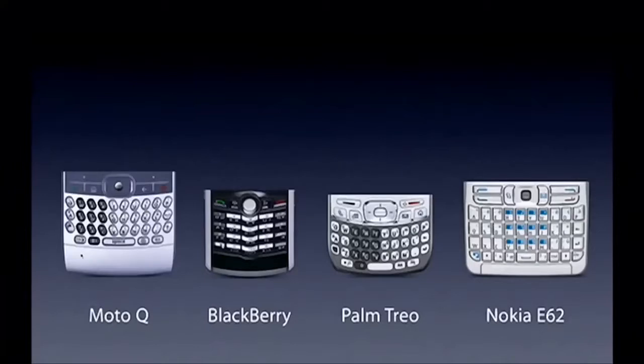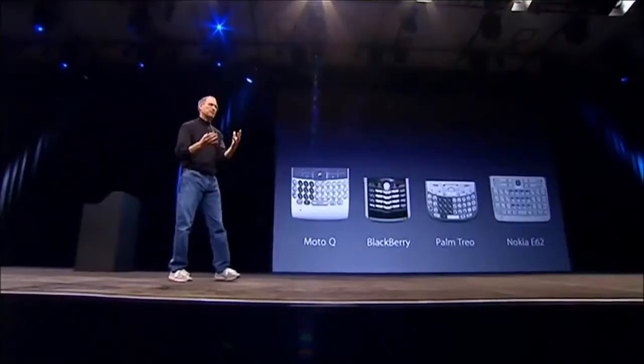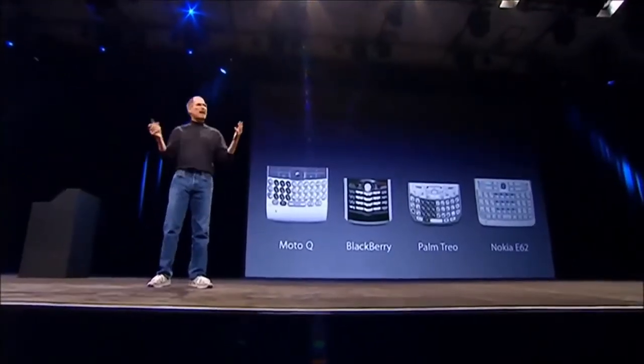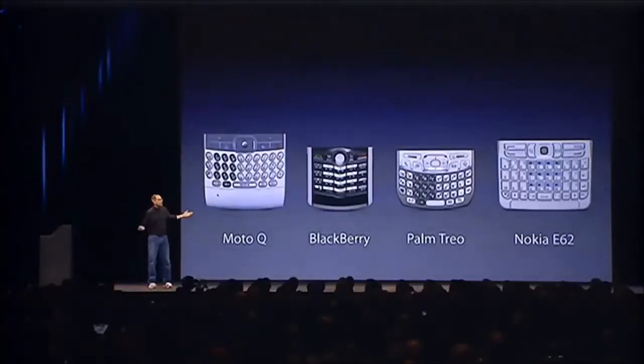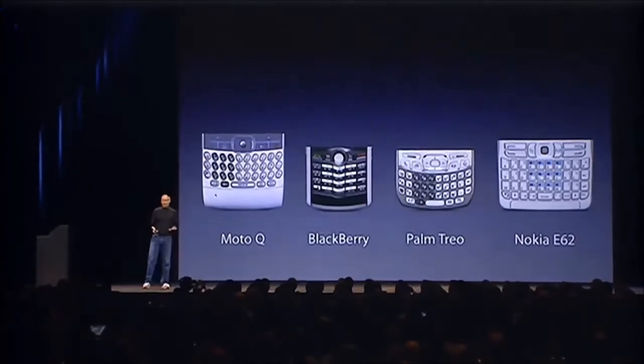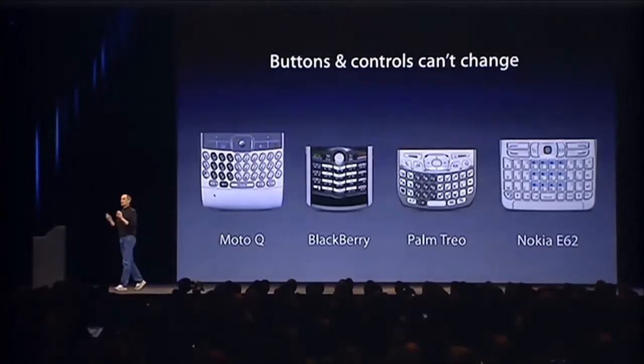Well, every application wants a slightly different user interface, a slightly optimized set of buttons just for it. And what happens if you think of a great idea 6 months from now? You can't run around and add a button to these things. They're already shipped. So what do you do? It doesn't work because the buttons and the controls can't change. They can't change for each application, and they can't change down the road if you think of another great idea you want to add to this product.